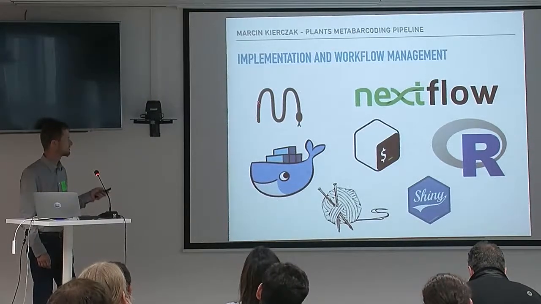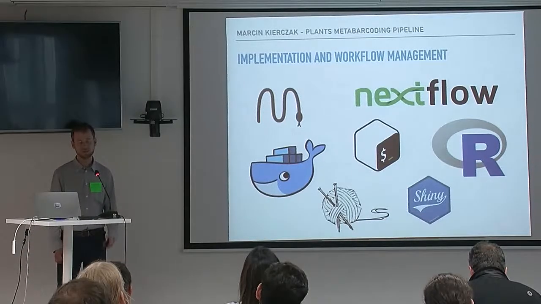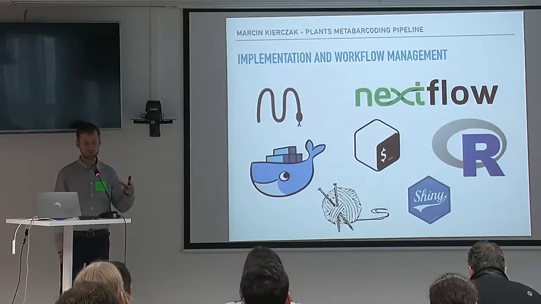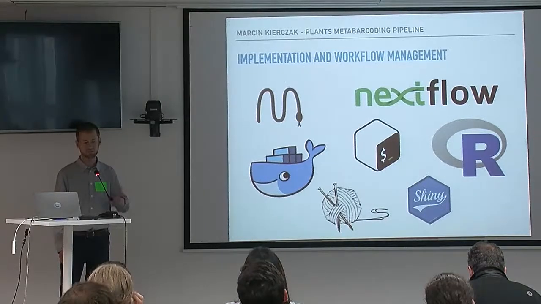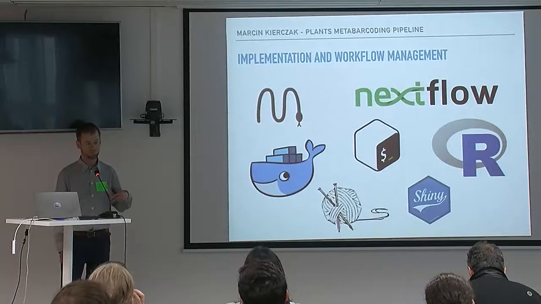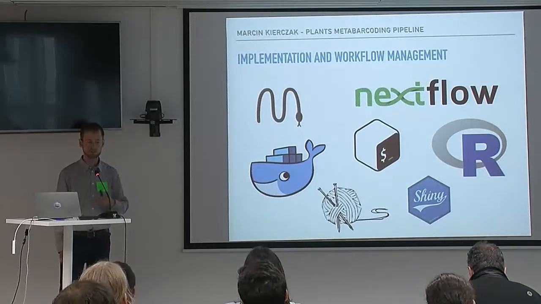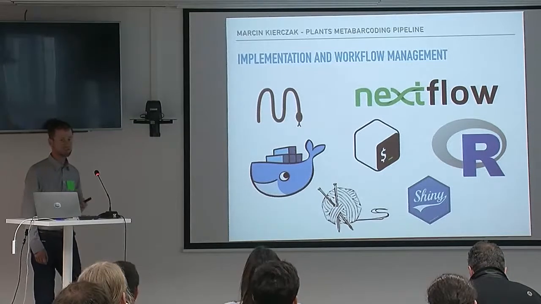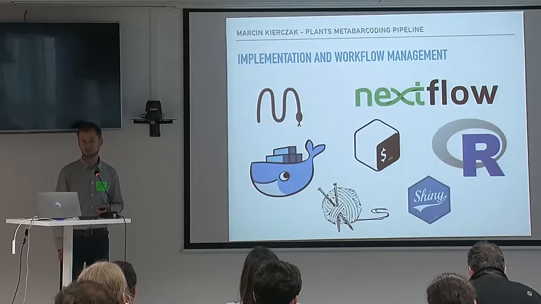One of them is Snakemake. Snakemake is a very popular workflow manager, so it enables you to modularize your pipeline, and if you want to rerun only certain steps in the pipeline, it's very easily achievable with Snakemake. The problem with Snakemake is that it really fails with demultiplexing because we do 2-stage demultiplexing.